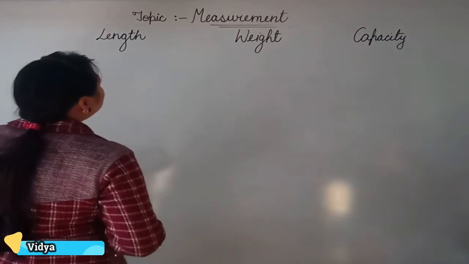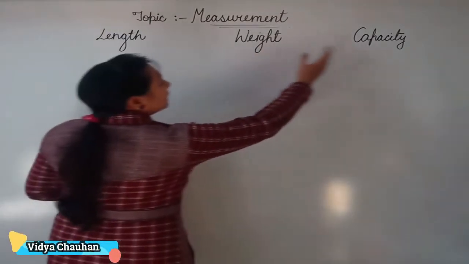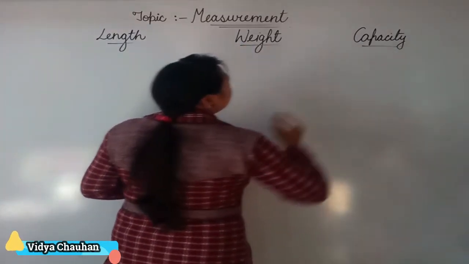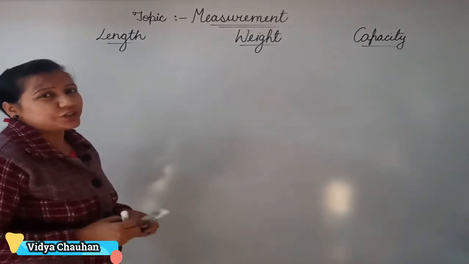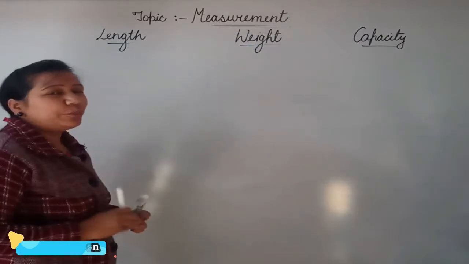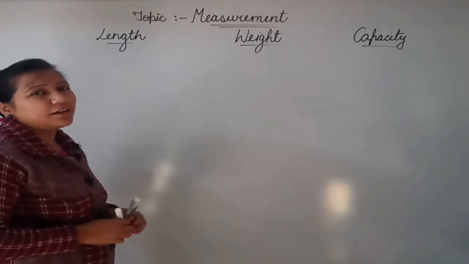Very first, if I talk about length, weight and capacity, all these three have some specific conversions. What are those conversions? Let us discuss that. You might have understood this concept in your previous class also, but let's take a quick revision.